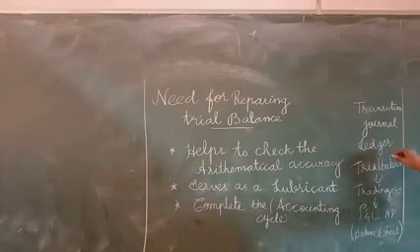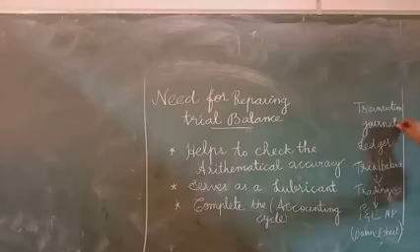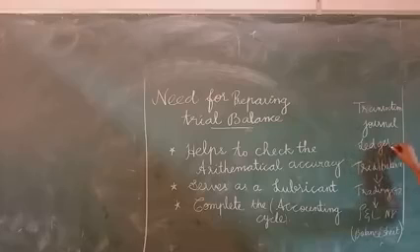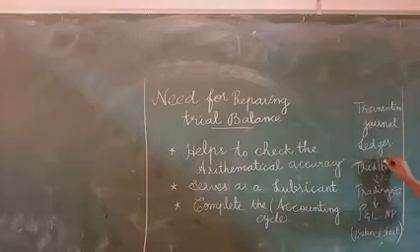If we have committed any mistake in the journal entry, the same mistake will be committed in the ledger also. If there are any discrepancies or mistakes, we can trace them out at the trial balance stage.